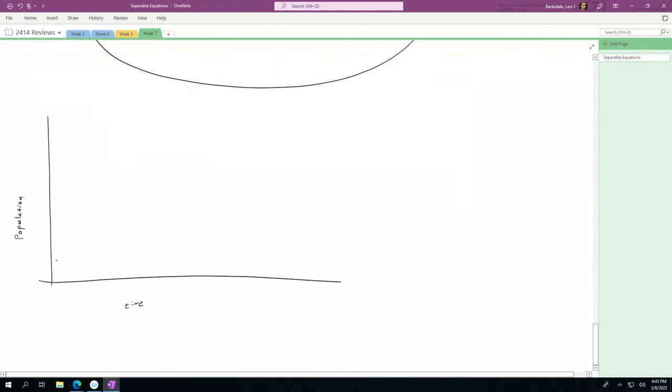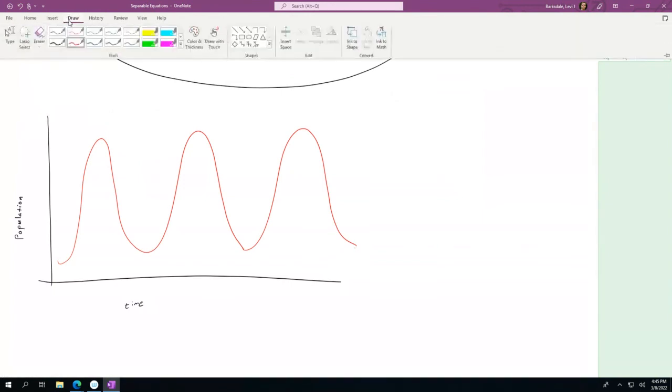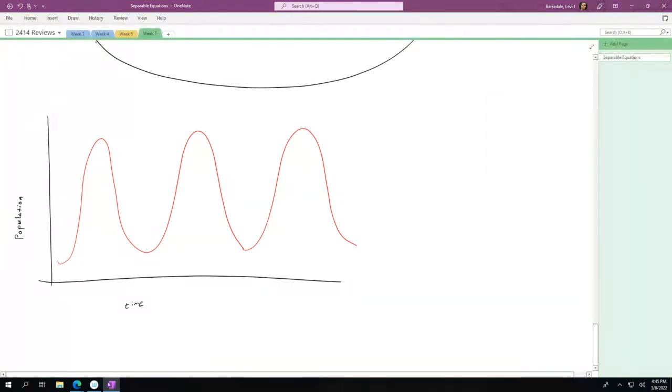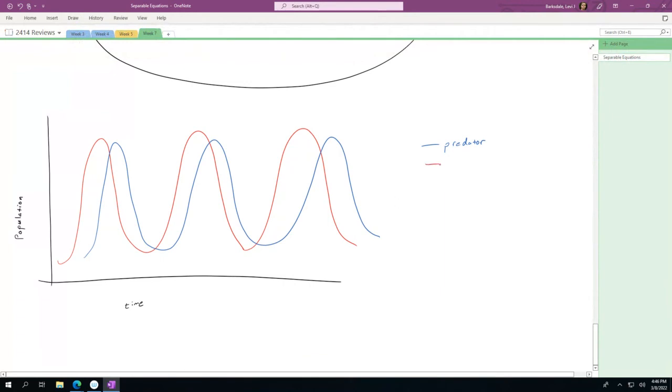So if here I have a prey population, and its population spikes like this, what you'll often see is that the predator population will lag slightly behind it, like this. So blue would be predator, and then the red would be prey.